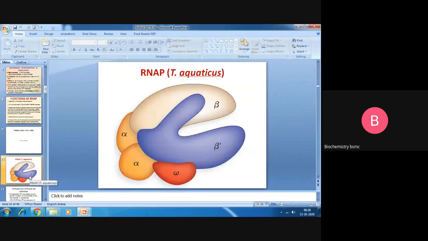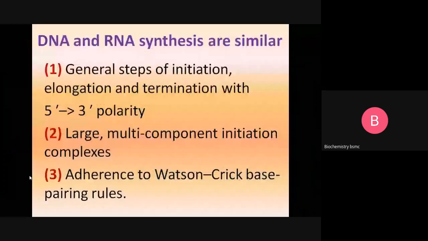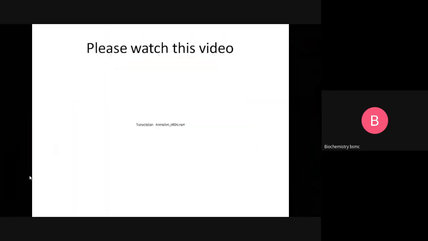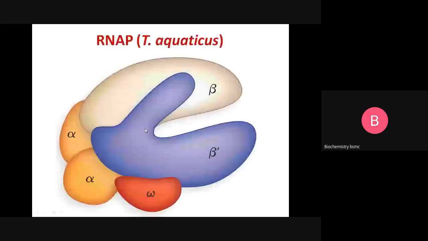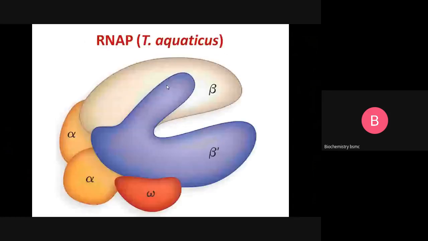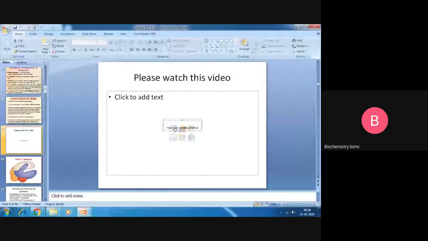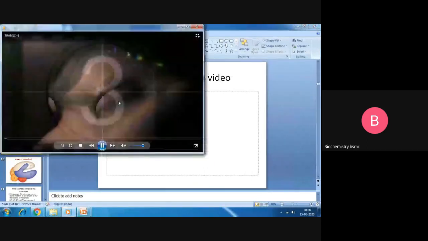So this is the structure of the core enzyme. Before that, we just have one scope to see a video. Let us see this video.